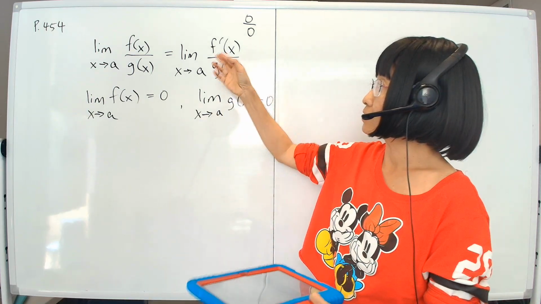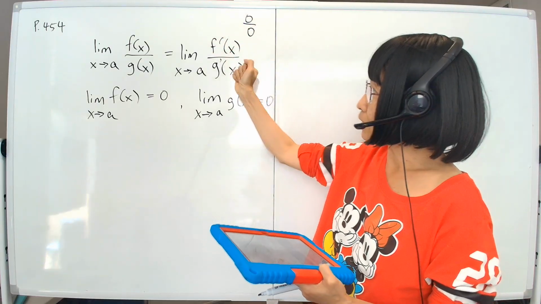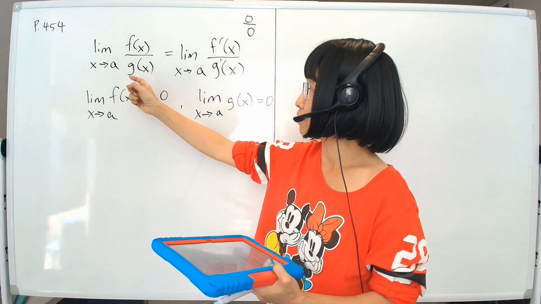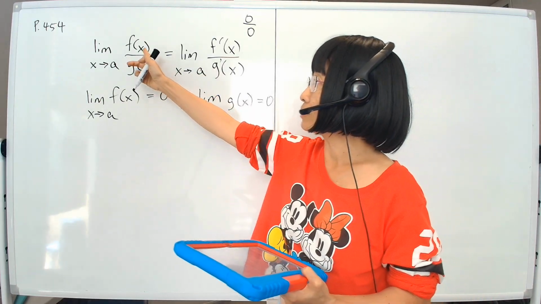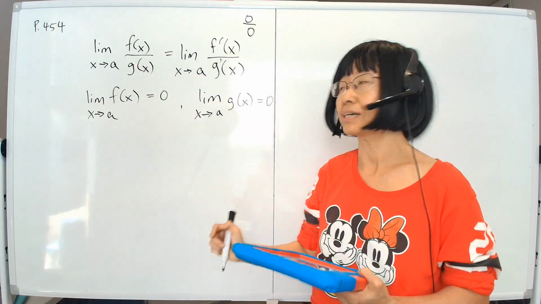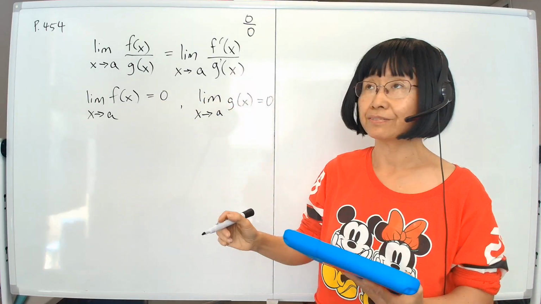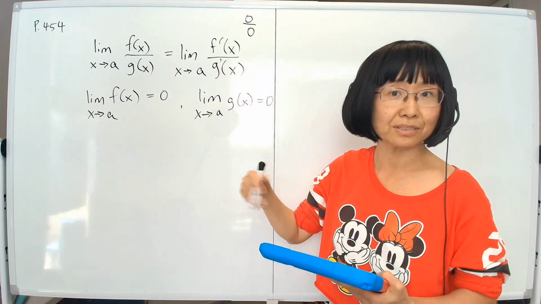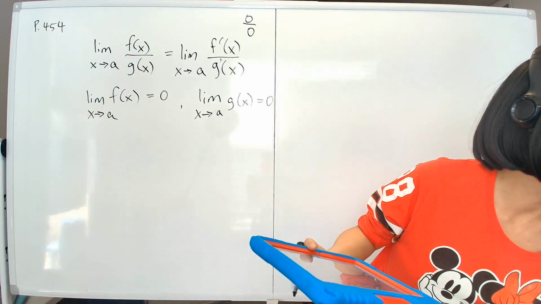This simply says you take the derivative of the top over the derivative of the bottom, and that will be the same as calculating the original, which has a 0 over 0 case and would be difficult to calculate. The reason we take the derivative is that it often turns into a simpler matter. So that's why we're doing it.